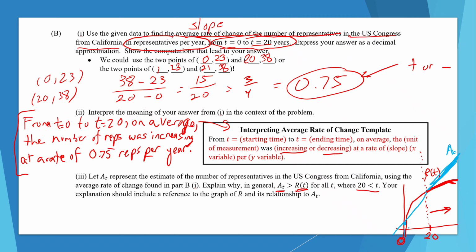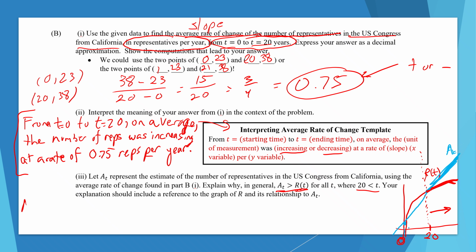And when we want to explain why, including a reference to the graph of R and its relationship to A of t, here we have kind of like a cookie cutter answer for this, but that answers the question completely. First we want to say, what are we showing?